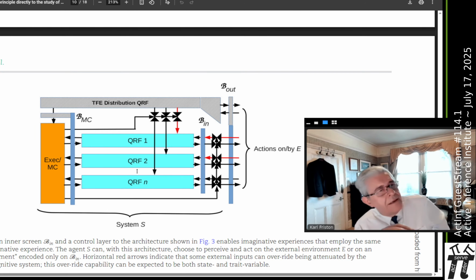And this becomes particularly obvious when you think about predictive coding hierarchies.